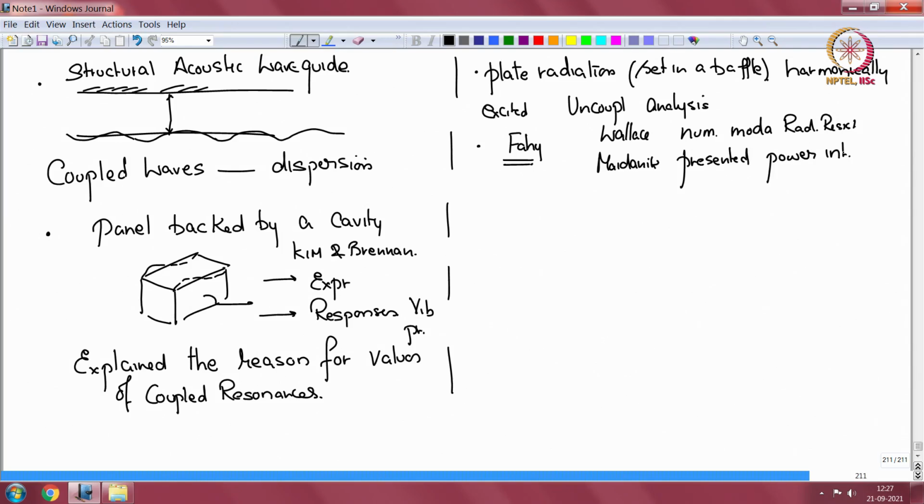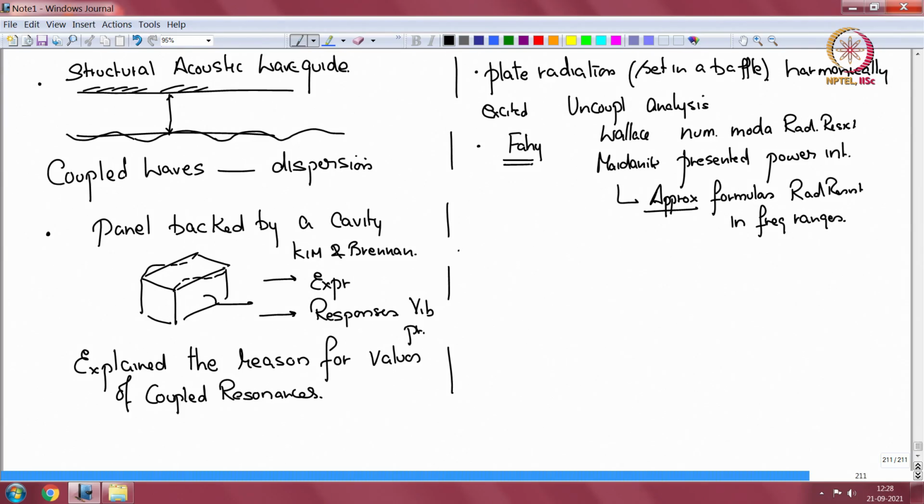So we derived that integral. Then he makes approximations and gives formulas for radiation resistance in different frequency ranges.